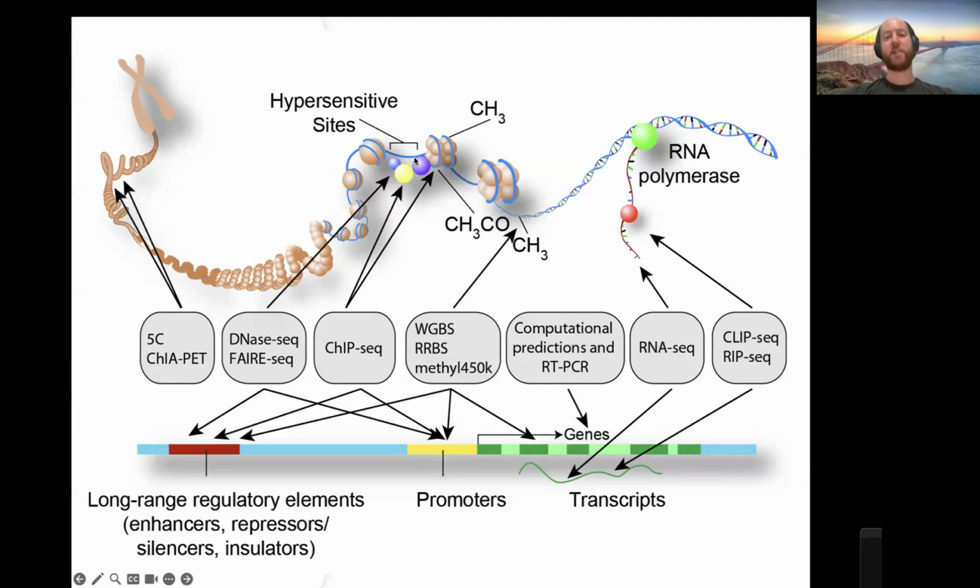And when it's read, so when DNA is active in a particular cell, DNA is less tightly wrapped. And so DNA is more accessible, right, to proteins and to other elements of the cell machinery. Those accessible regions are known as hypersensitive sites. These are the regions that can be bound by other proteins, that can be accessed.